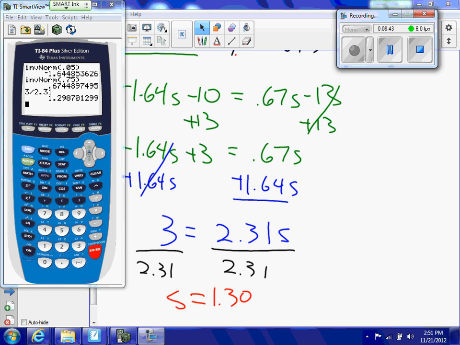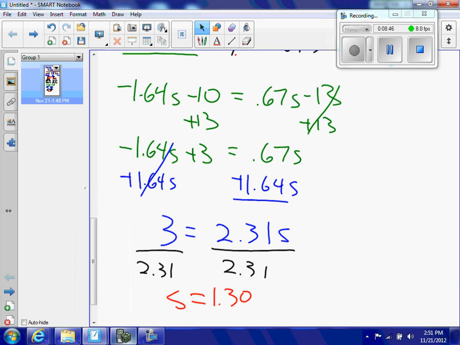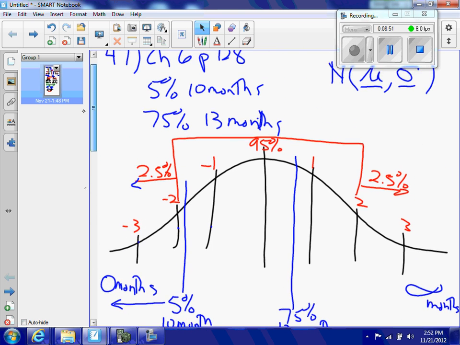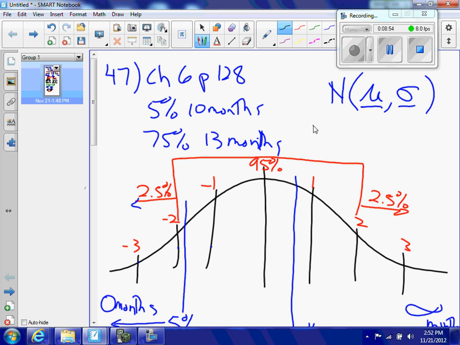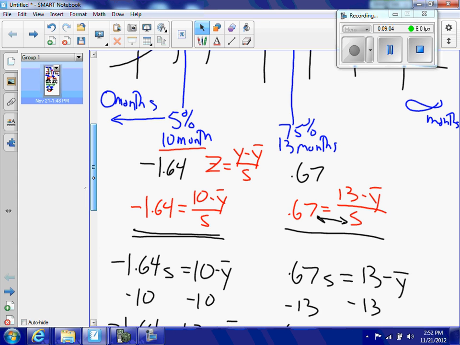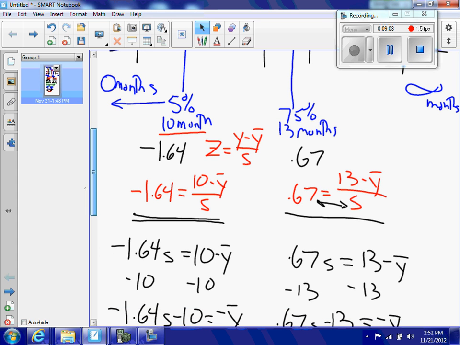So now I have part of my normal model. I have the standard deviation part of my normal model. Can I fill that in? Yes. So I have N, something, 1.30. But calculating that something now should be pretty easy, because I could just take this part of the equation right here. Negative 1.64 z-score is equal to 10 months minus y bar over s.